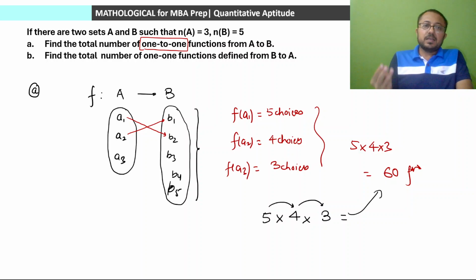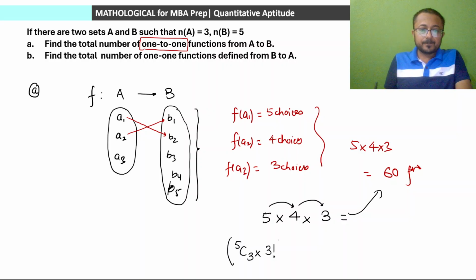Isn't it so? Because our range will be a subset of codomain. तो range के लिए we'll be selecting 3 elements because one-to-one function बनाना है. So we need at least the same number of elements in set B as that of set A for a one-one function to exist. So we'll be selecting 3 elements in 5C3 ways and then we'll be arranging those 3 elements in 3 factorial ways. So 5C3 into 3 factorial, that will be our answer.